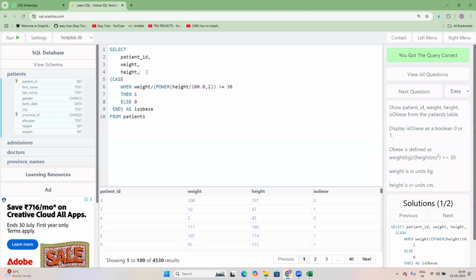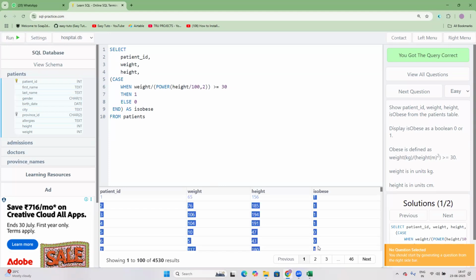Just for your understanding, I'll remove this and display. See, the output changed, if you can see this.